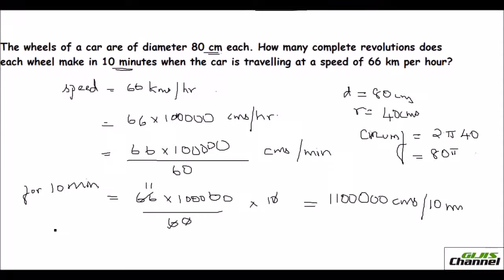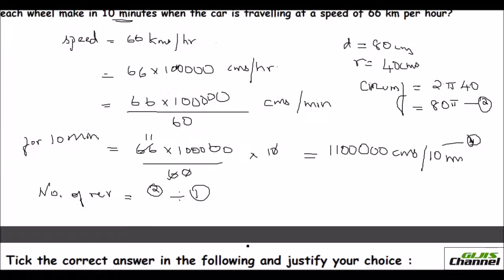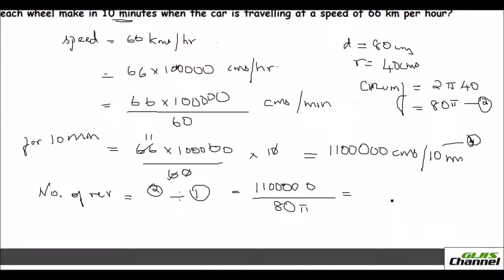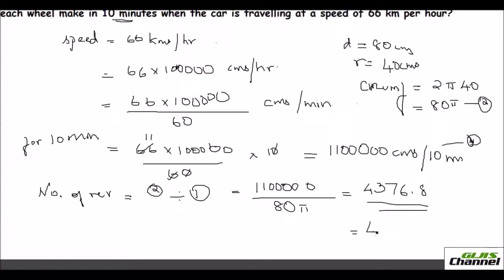Now the number of revolutions will be the distance divided by the circumference. So you can put that in the calculator, and that will give you 4376 point. Let us just stop with this and not take the decimal point. So that is equal to 4376 revolutions.